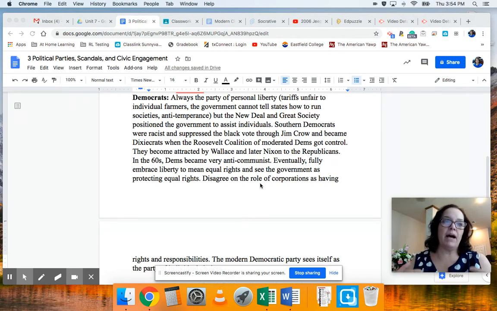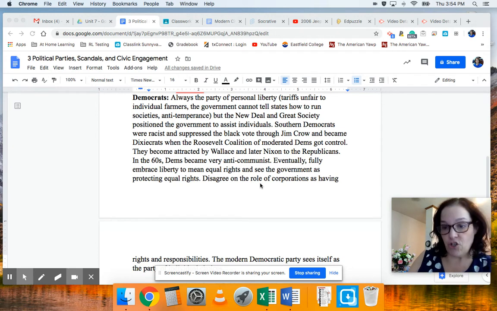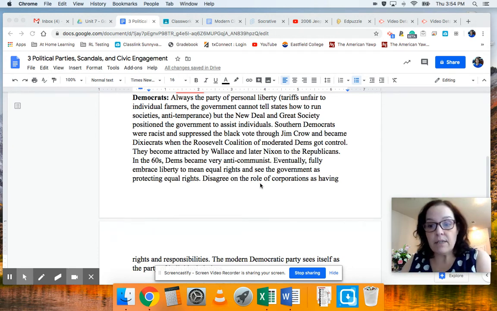I'm talking about the traditional power structure systems' liberty. But fundamentally, it comes down to this idea that tariffs were unfair, that they hurt the individual. Tariffs were an unfair protection for big business, right? And it was hurting the individual.